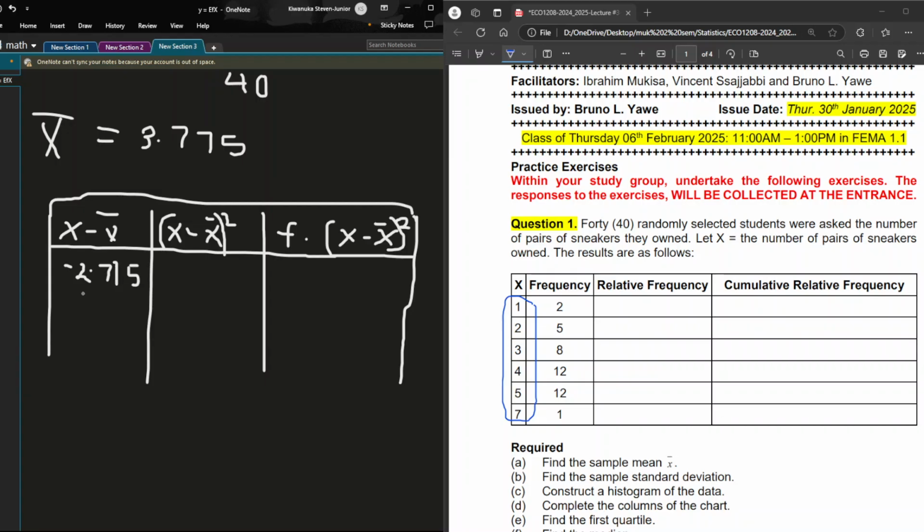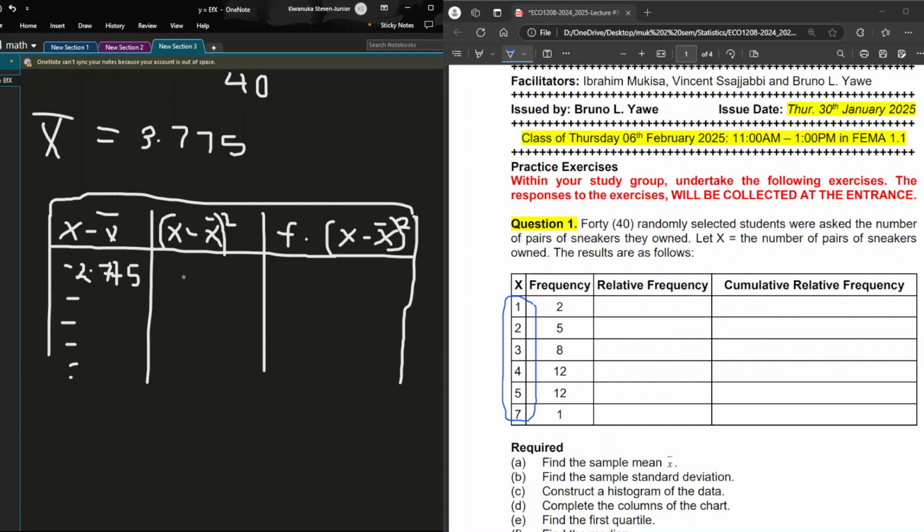So you are required to complete this table. I'll read the values I've got: the next one is negative 1.775, then negative 0.775, then 0.225, then 1.225, then lastly 3.225.